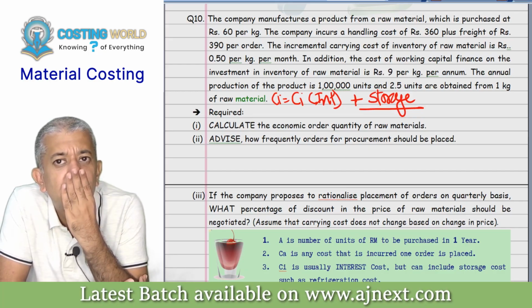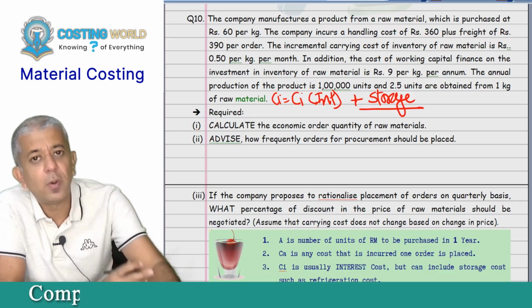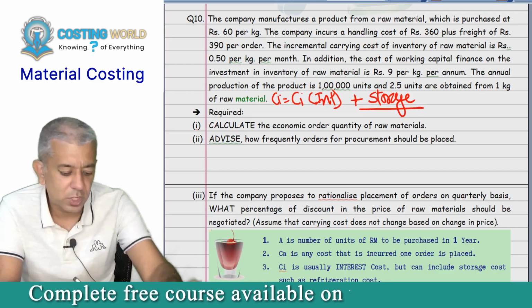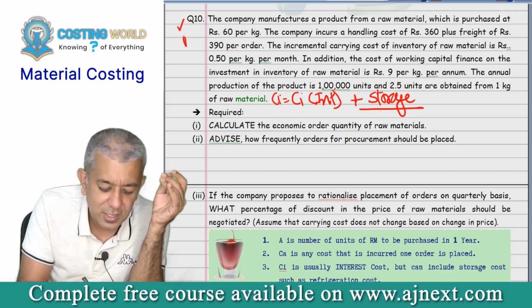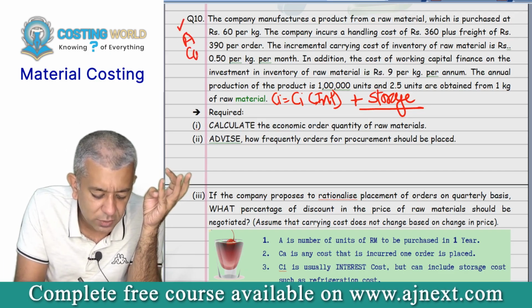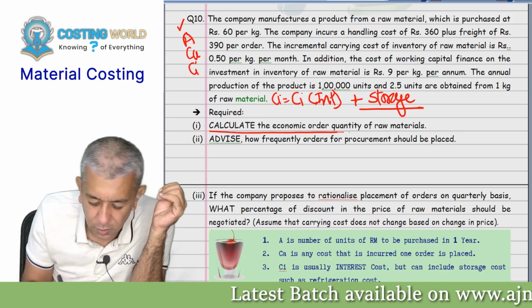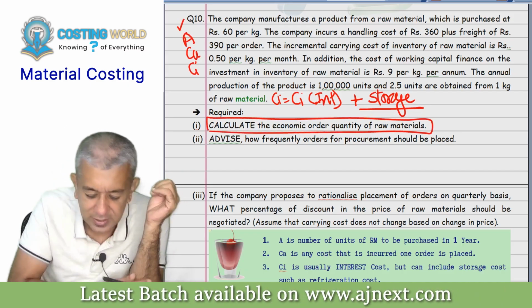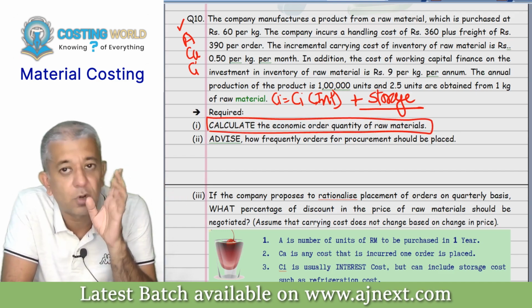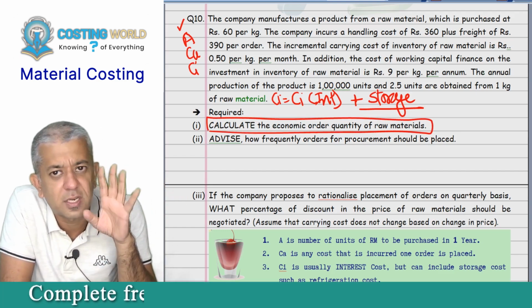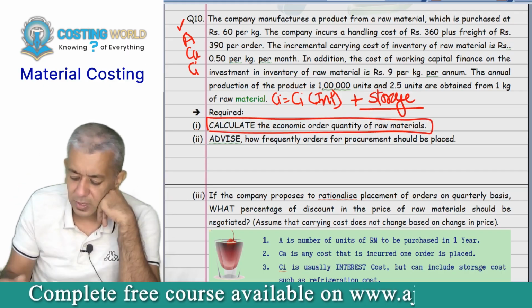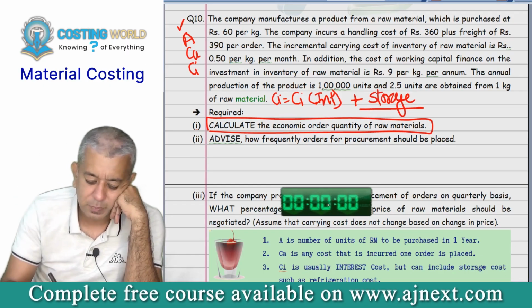Now it will be your job. Read question number 10, get the answer of A, CA, and CI, and in the end only tell me the answer of EOQ. Nothing else. If those three things are correct, your EOQ will also be correct. You have 5 minutes to answer. Please start.